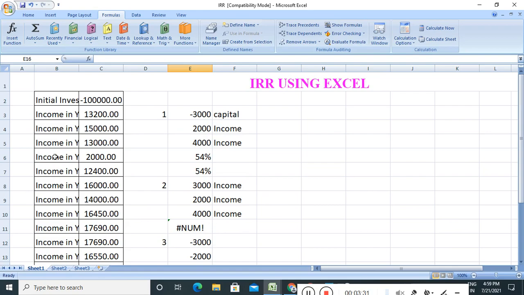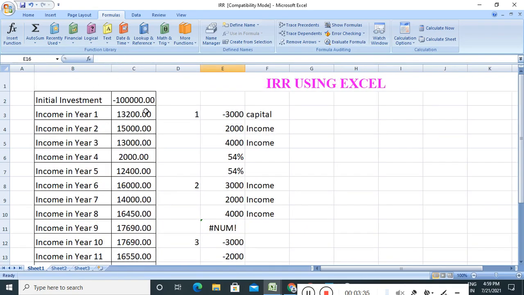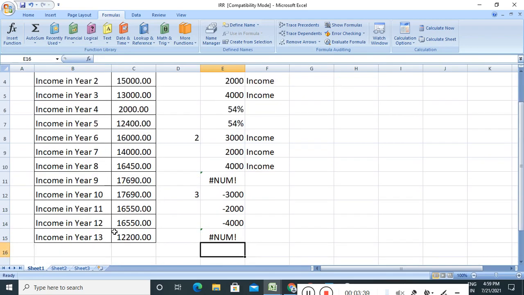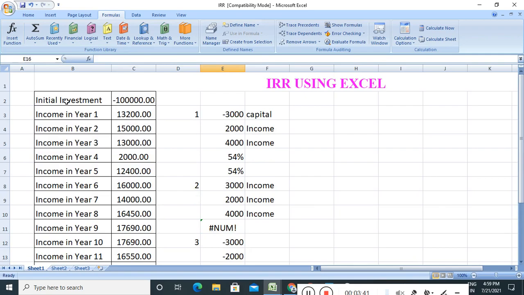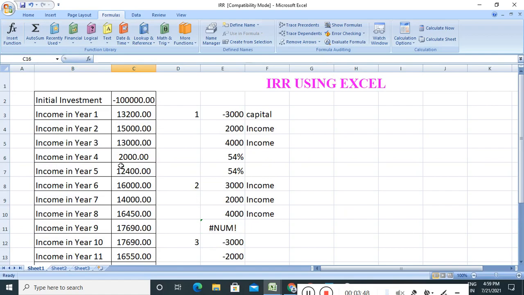Let us see our example here. The initial investment is 1 lakh, and I have given income for continuous years. Let us take this as an example and calculate IRR. The initial investment is 1 lakh, the first year it is 13,200, and I have given a series of incomes.